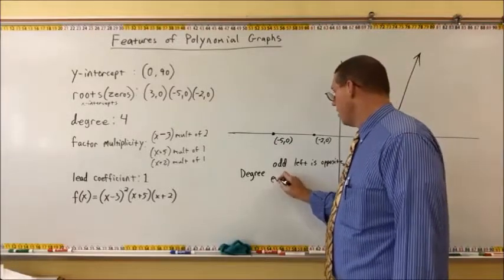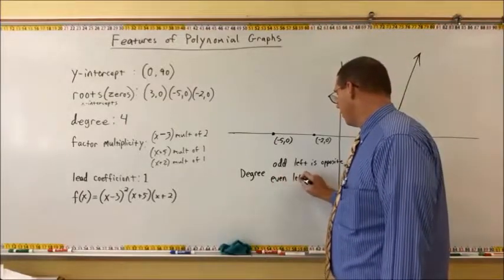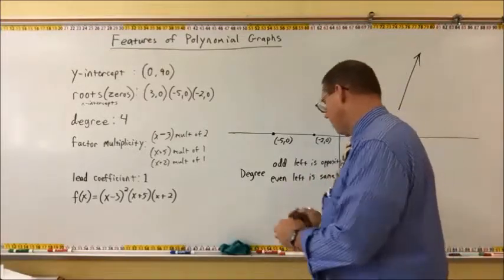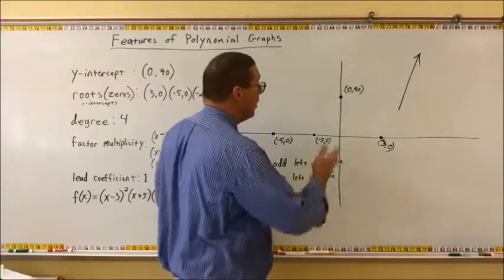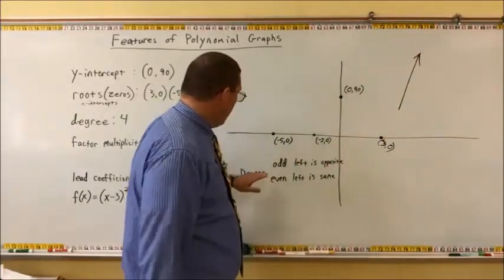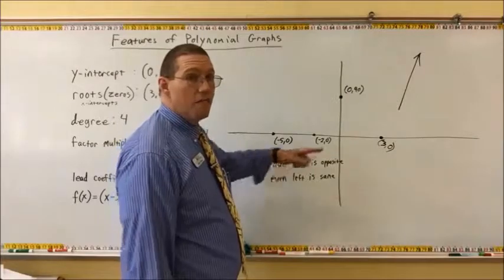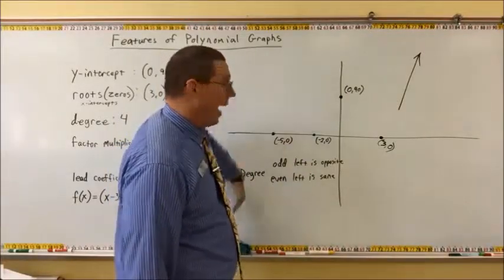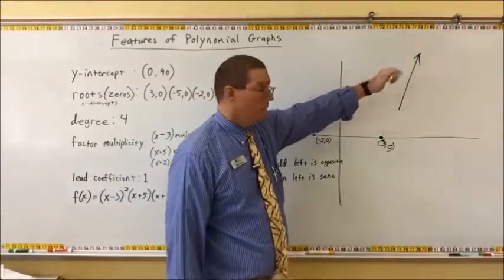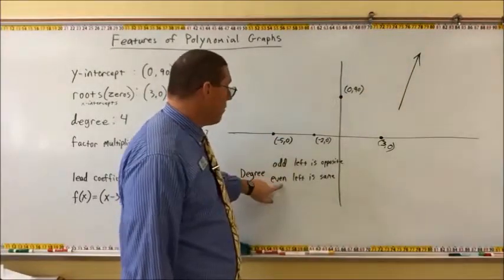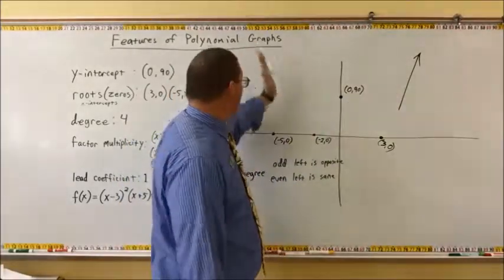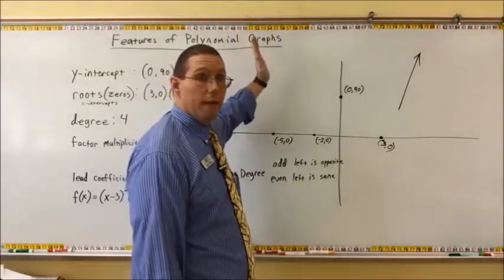If the degree is even, then the left is the same as the right. Here's what I mean. The right side is going up, right? If the degree is odd, then the left side would be going down, the opposite of the right side. If the degree is even, then the left side is going to go the same direction as the right side. It's going to be pointing up like that, okay?